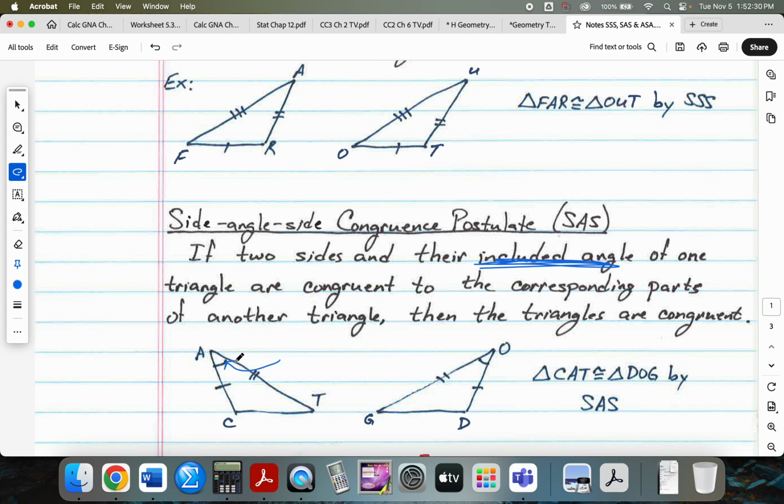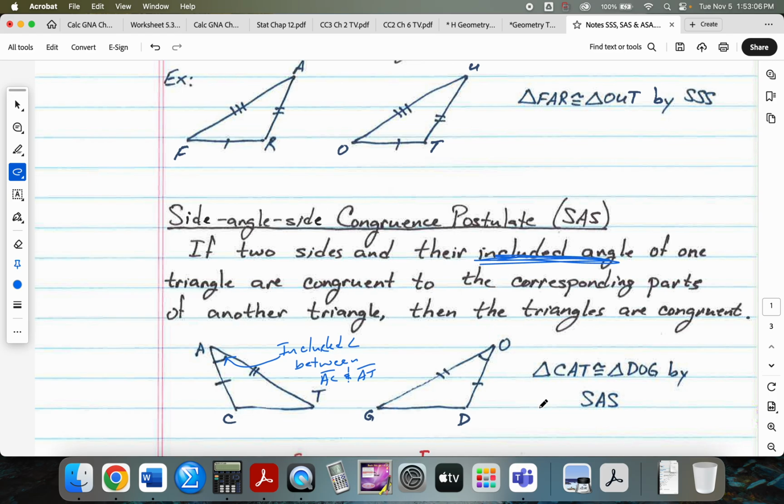So this angle right here is the included angle between segment AC and segment AT. That's called the included angle. So here triangle CAT is congruent to triangle DOG by SAS, side angle side. Again, we'll just use a 3-letter abbreviation rather than having to write out the whole thing.